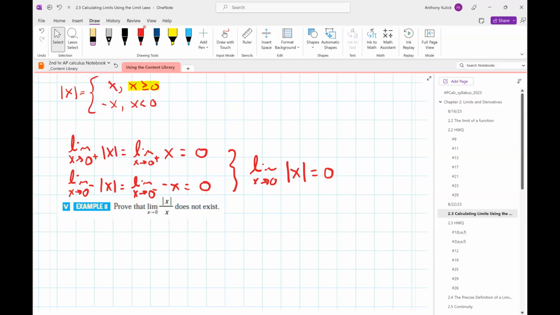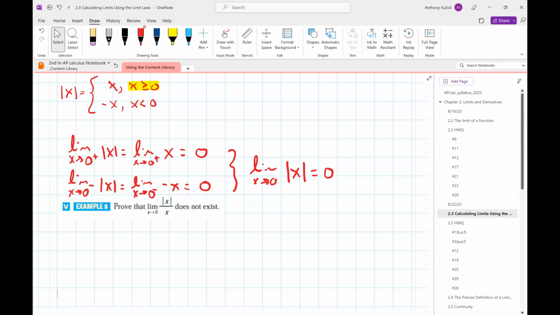As x approaches 0, in this case we did this, because we don't have another tool to evaluate that limit. We couldn't use direct substitution because it wasn't a polynomial function or a rational function. We had to do something different. So I had to go back to, okay, what's the definition of an absolute value function? I wrote that down. Then I said, okay, I can use this to do the left-hand and right-hand limits.